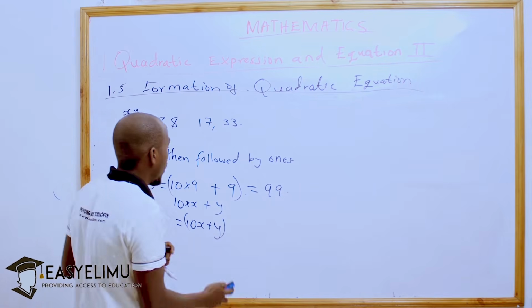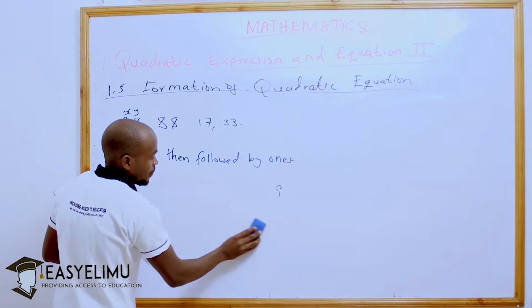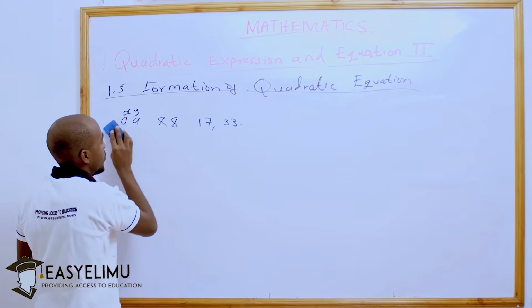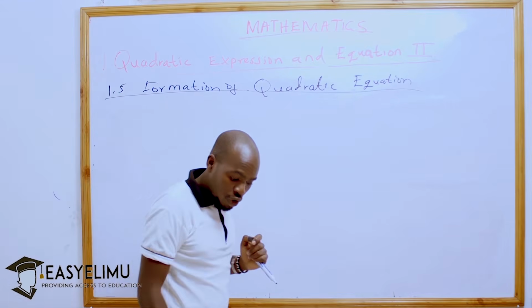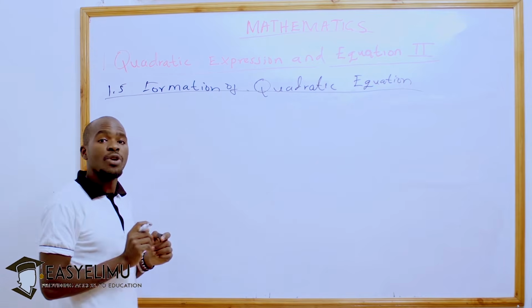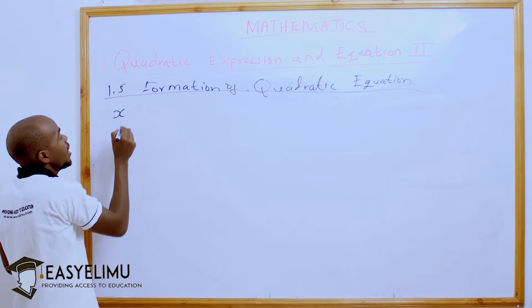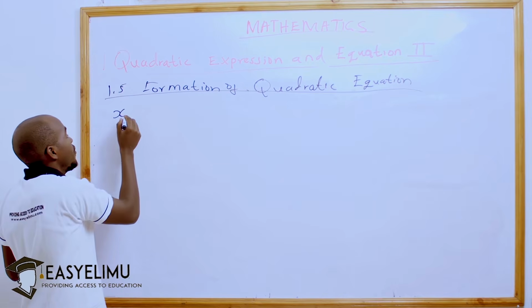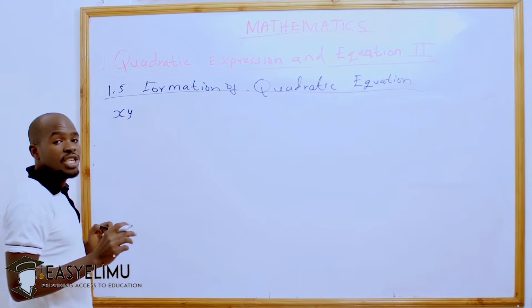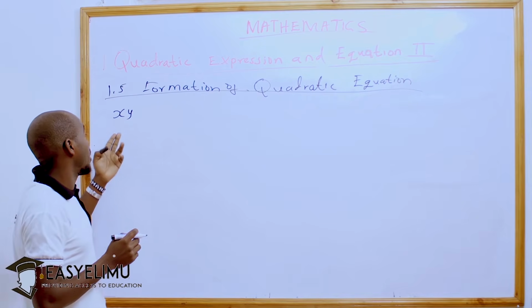Now we can solve our problem here. We are ready to solve the problem, whereby we were told a 2-digit number is such that the product of its digits is 12. And we have seen, let the 2-digit number be xy.